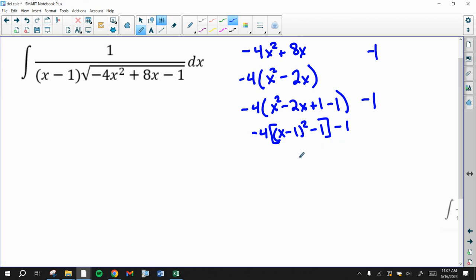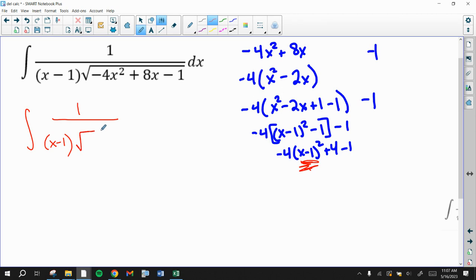And now I'm going to distribute the 4. And there we go. So my integral, which I'm going to rewrite over here, is really 1 over x minus 1. That looks good because you see this x minus 1 over here. That's a match.